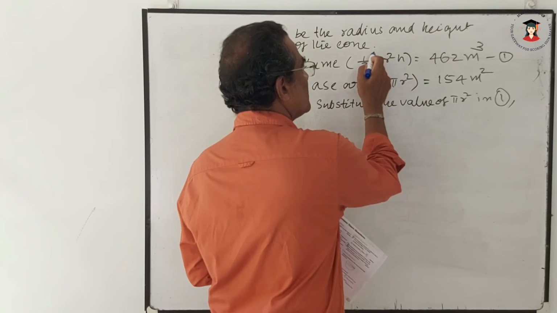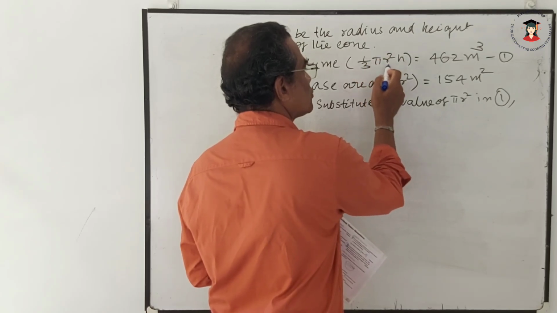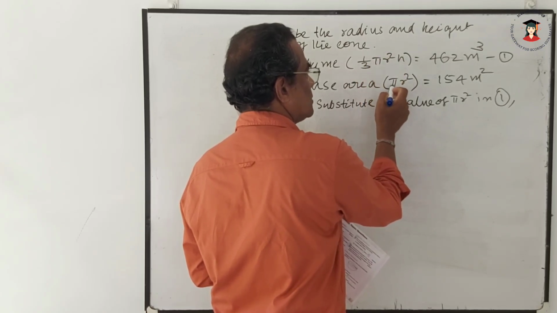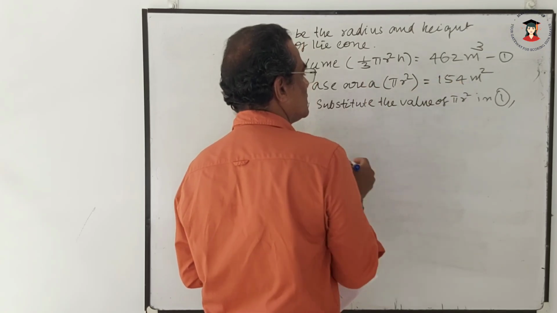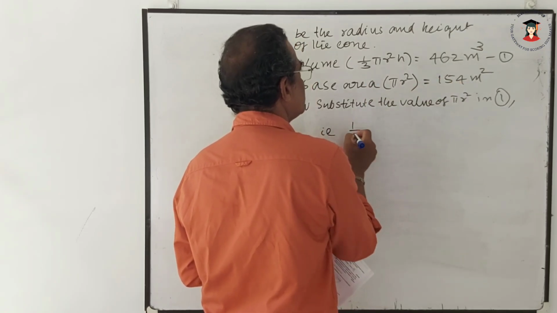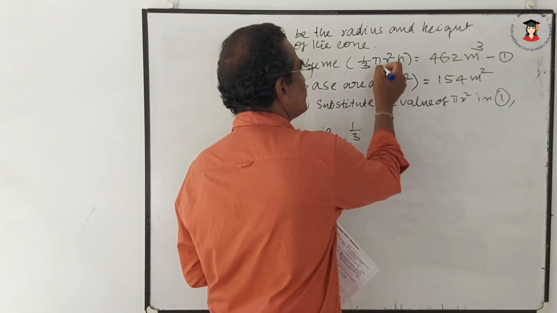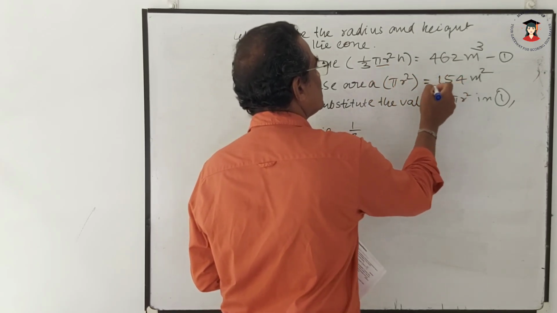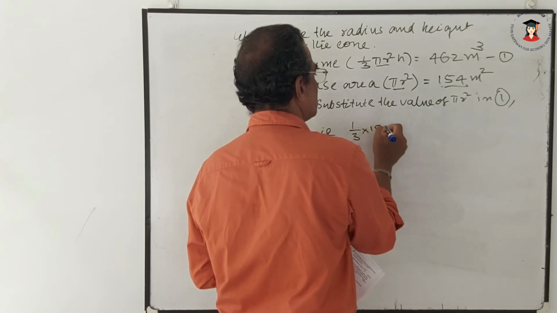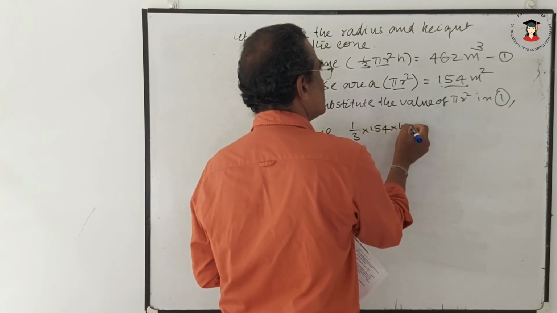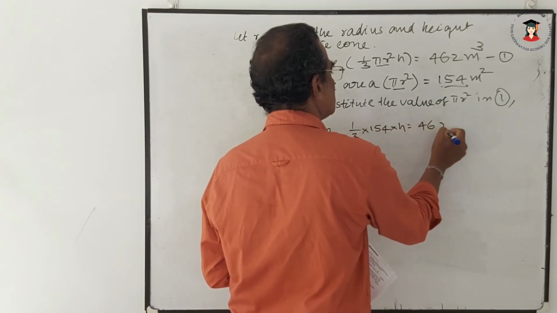See, the volume contains a term pi r square. So instead of pi r square, we will substitute 154. That is 1 by 3 into 154 into h equal to 462.